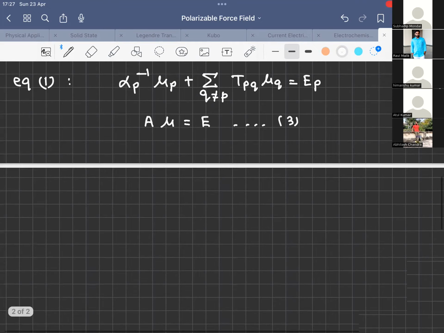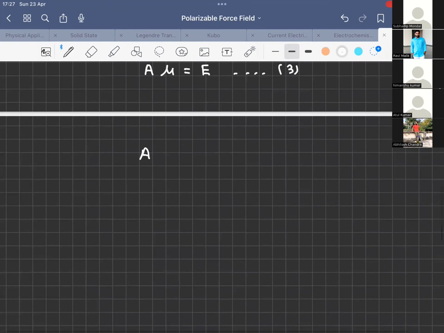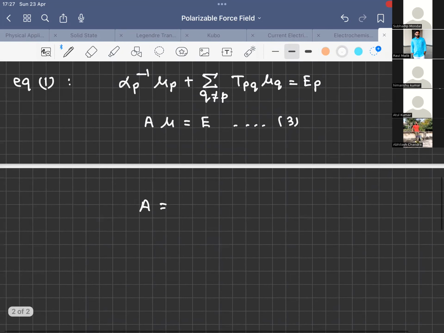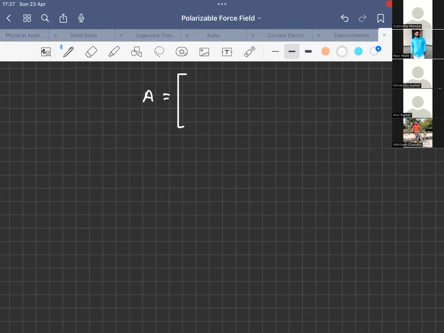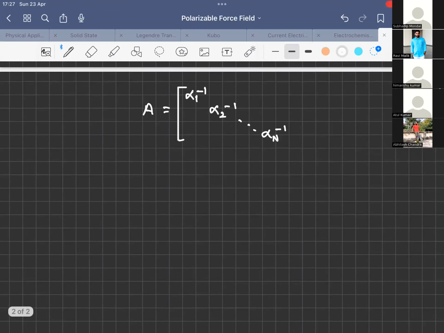So what's the form of A here? The form of A is very simple. It's basically the inverse of alpha on the diagonal elements, and the off-diagonal elements should be T_12 up to T_1n, and so on, to the last element.